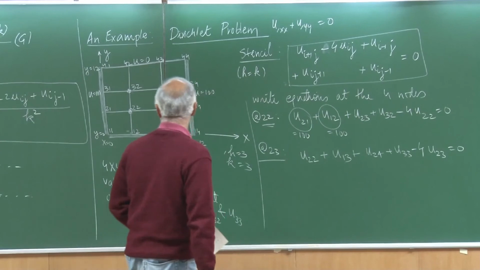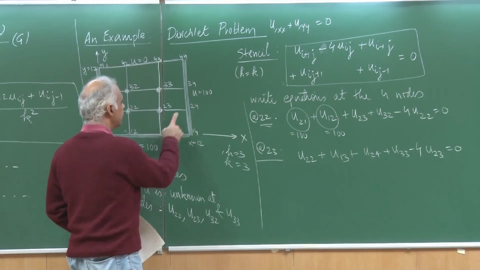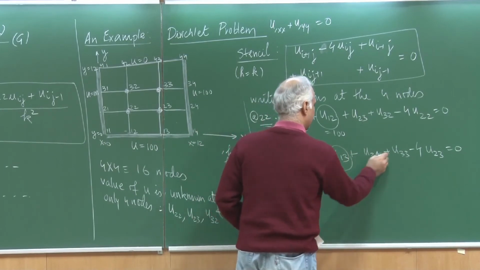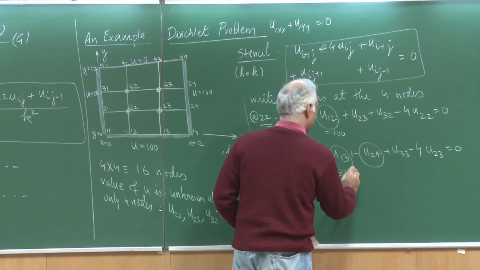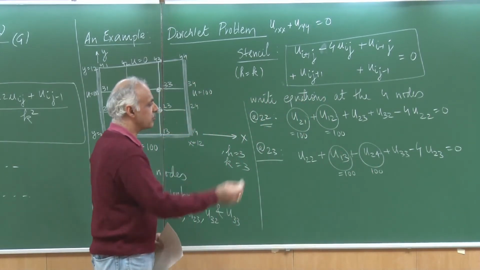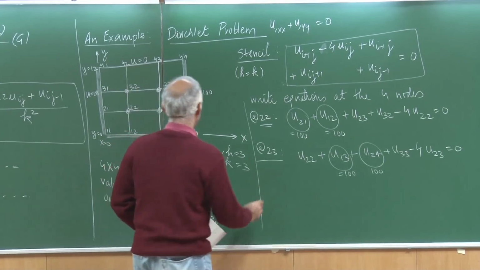And as I said, u13 and u24 both have a value of 100 each, so they can be transported to the right hand side.